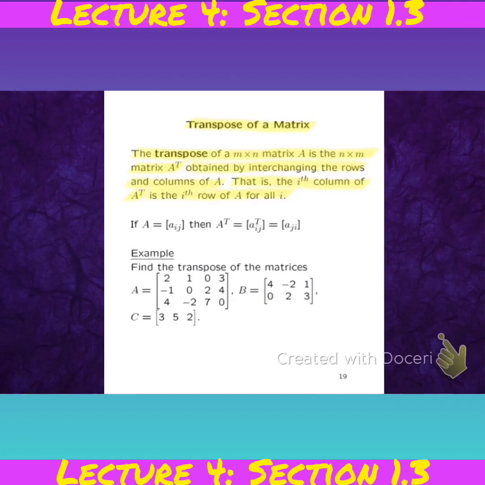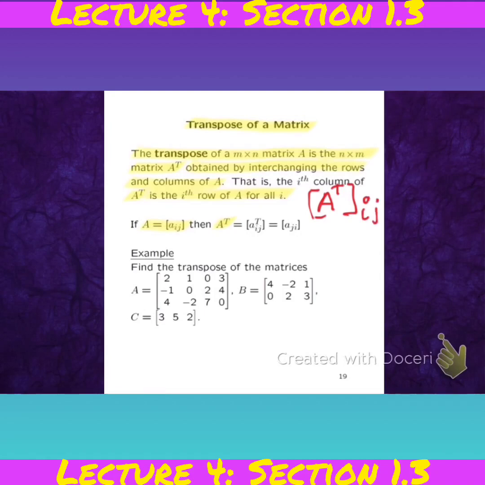That is, the ith column of A^T is the ith row of A for all i. So basically, if A is a matrix and its general entry is given by a subscript ij, remember, a subscript ij stands for the entry in the ith row and the jth column of A. Then, let's look at A's transpose again. To get a better idea of what A's transpose looks like, we look at the entry in the ith row and the jth column.